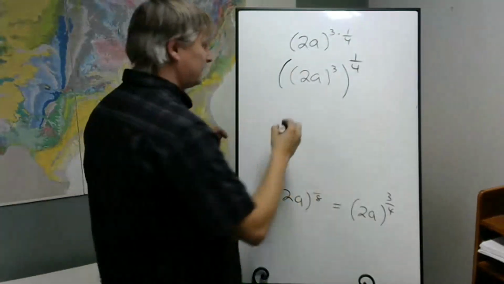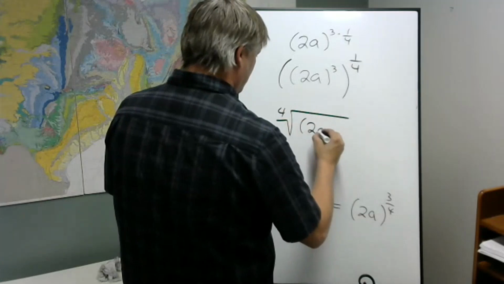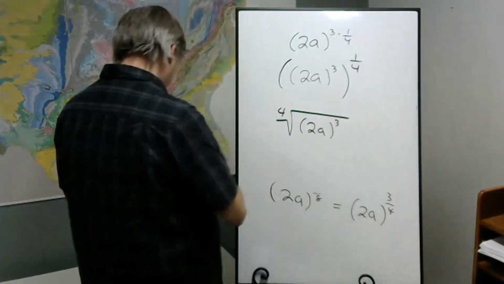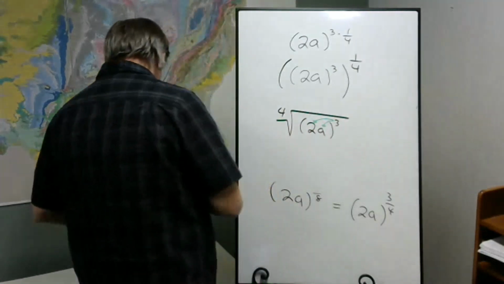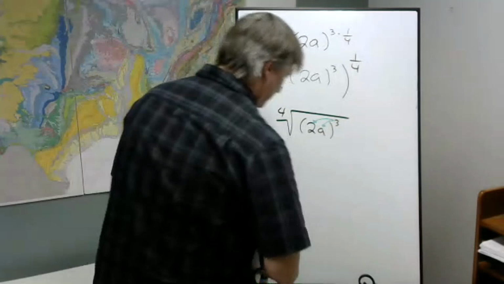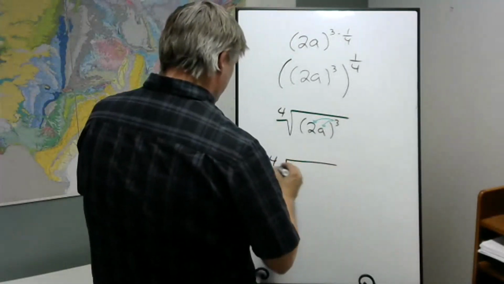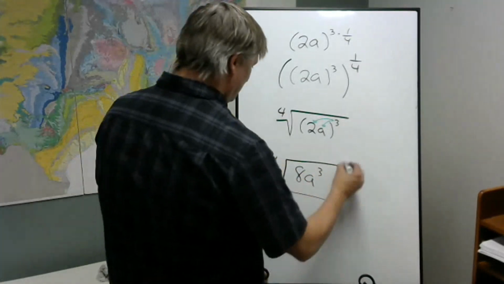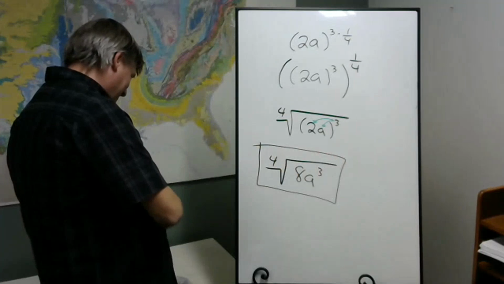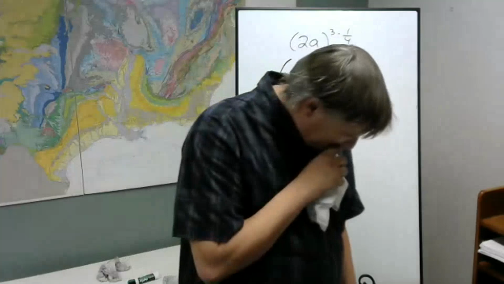To the 1/4. The 4th root of 2a cubed. Or the 4th root of 8a cubed. And that's going to be your answer. So sometimes the answer is written like that.